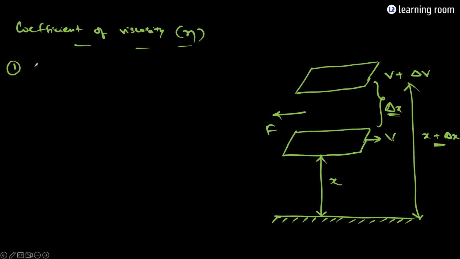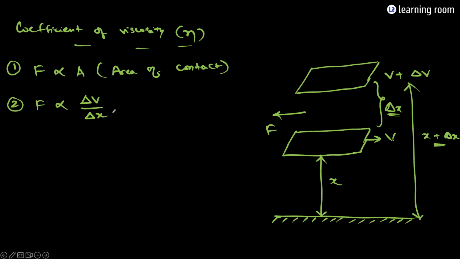First thing is the viscous force that is acting is observed to be directly proportional to the area of contact. It is directly proportional to the area of the layers in contact. Second, F is observed to be directly proportional to delta V divided by delta X.